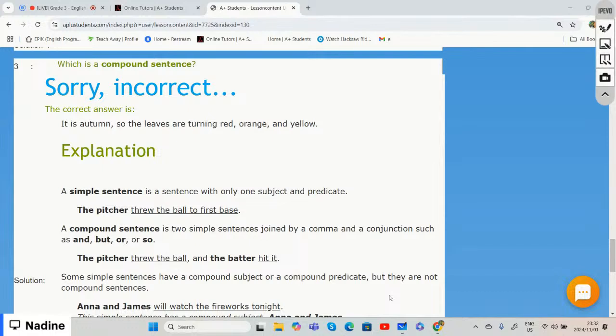All right, so yes, we will say that this is a compound sentence.